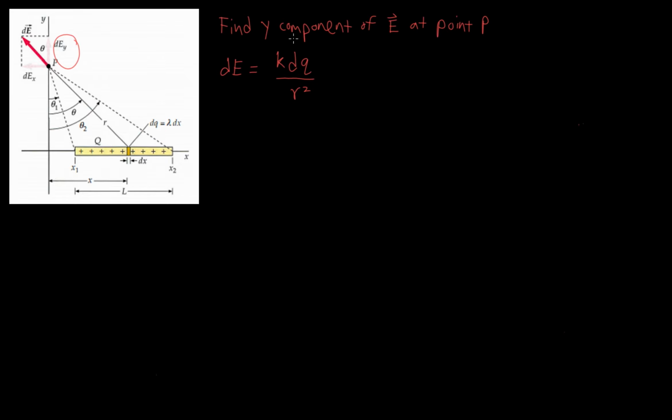But remember, we want to find the y component of the electric field at point P. But what we have right here is just a really small amount of electric field caused by this small amount of charge.